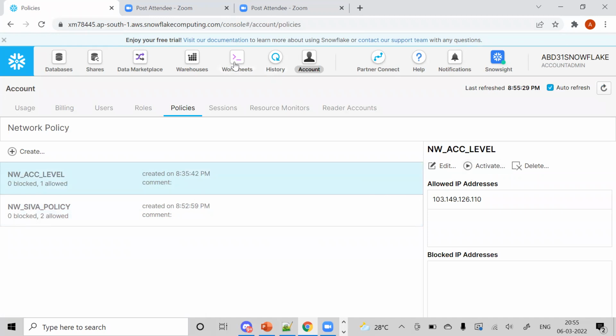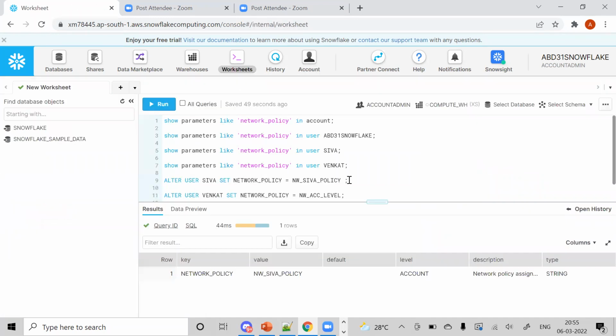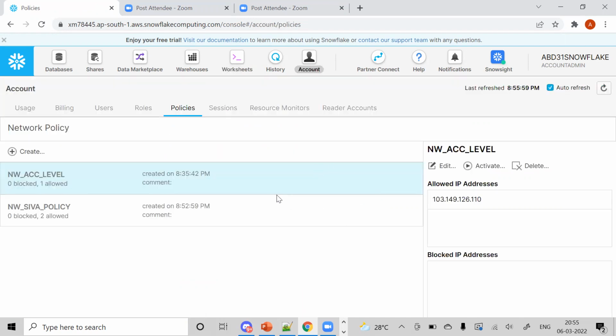And before that, let me unset also and set yours. So nothing is there at the account level right now. Nothing. Nor at the user level.